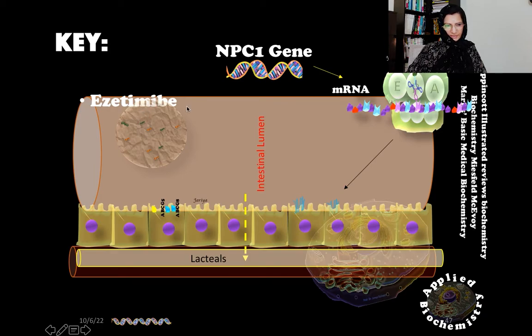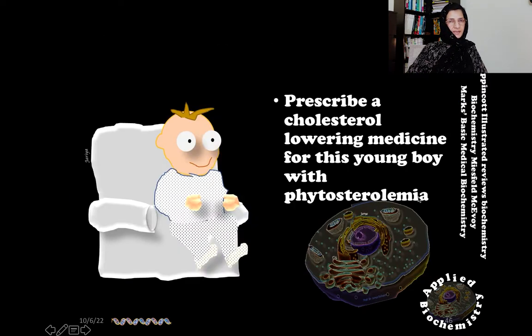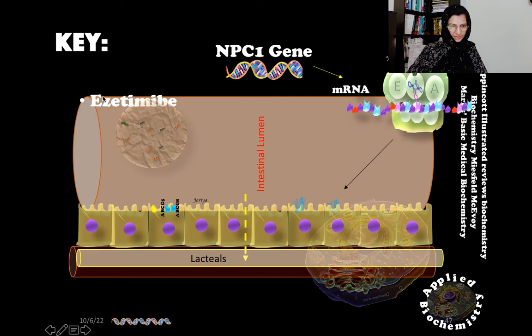So ezetimibe is going to block this diffusion into the enterocyte. So the cholesterol as well as the phytosterol will not enter the enterocytes. This child with phytosterolemia has no problem with the synthesis of the cholesterol, so there is no point in giving him statins. The drug of choice for him is ezetimibe, which is going to block the entry of the dietary cholesterol inside the cells.